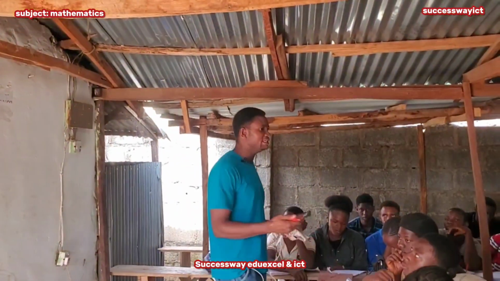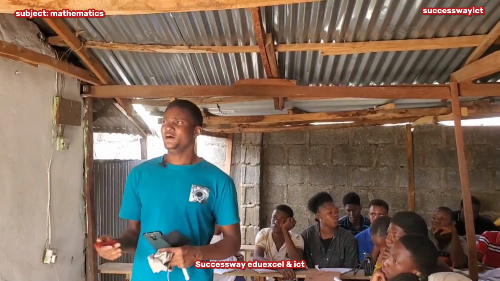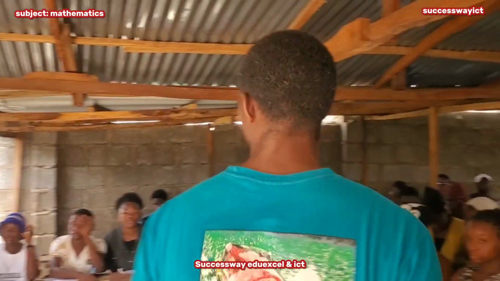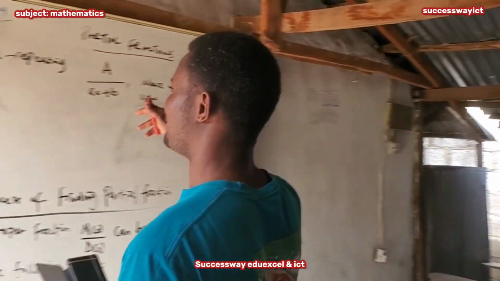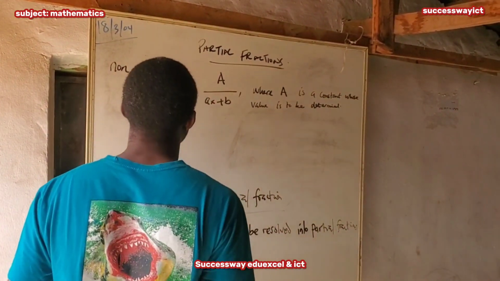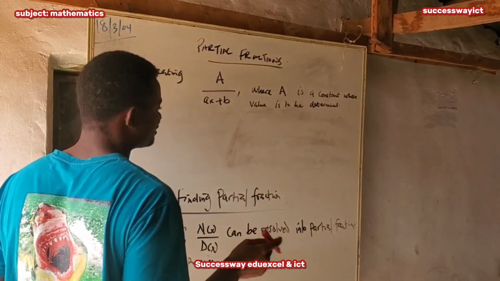I already told you what a linear function is, right? Yes, sir. Good. Now, if the denominator is a linear function, this is how it will be represented. For instance, don't write this. I just want to illustrate for you first.